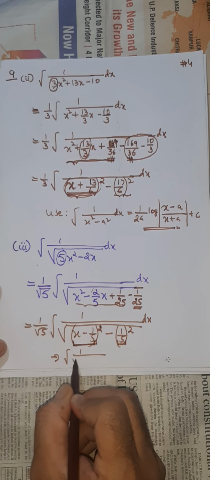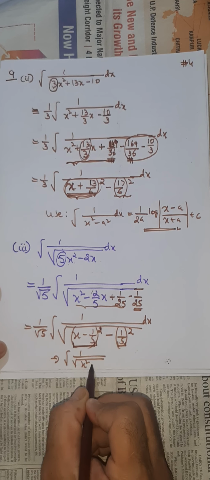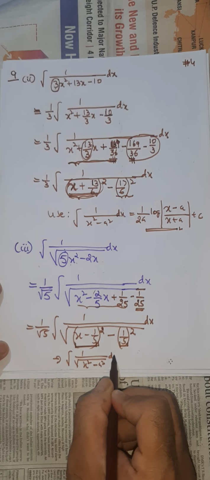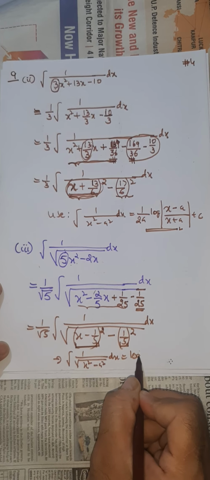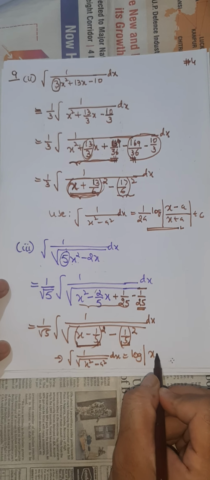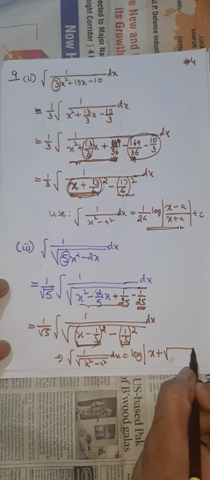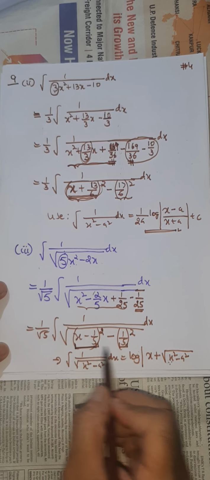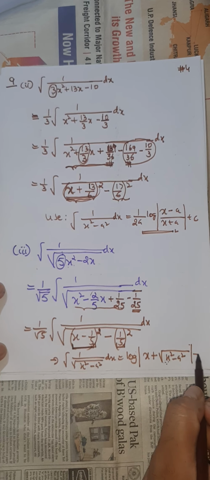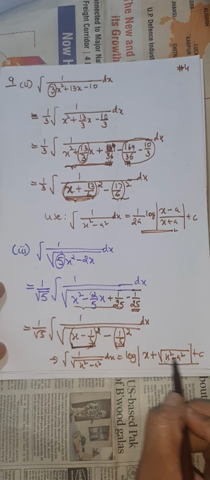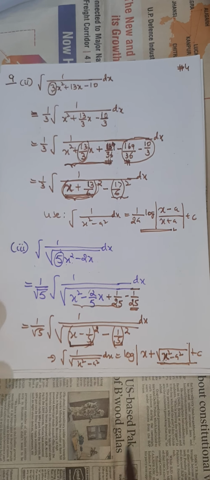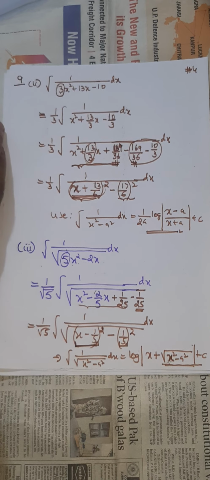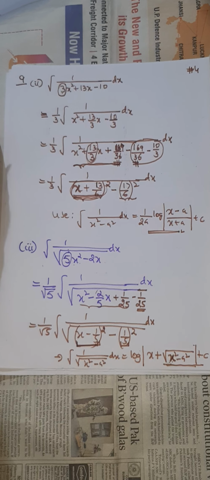So this is 1 upon root of x square minus a square. So which formula? Log of mod of x plus the same expression. Use this formula now. x means this entire expression, remember. You know all these things. I'm just reminding you.